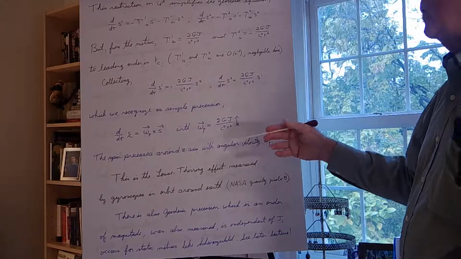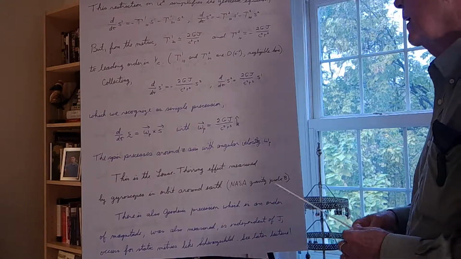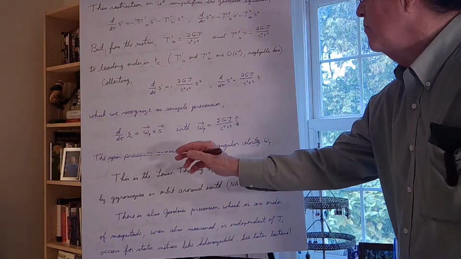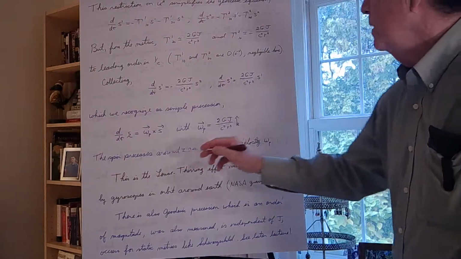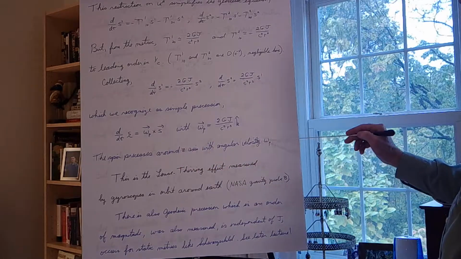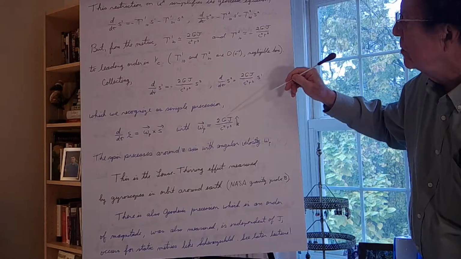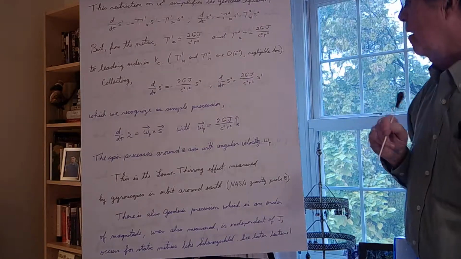I could write down the spin with the initial conditions and then sinusoidal variation with ω_p t, but I don't want to bother with that, because I'm so familiar with this formula from elementary physics: the spin precesses around the z-axis with an angular velocity ω_p, where ω_p is 2GJ over c squared r cubed.